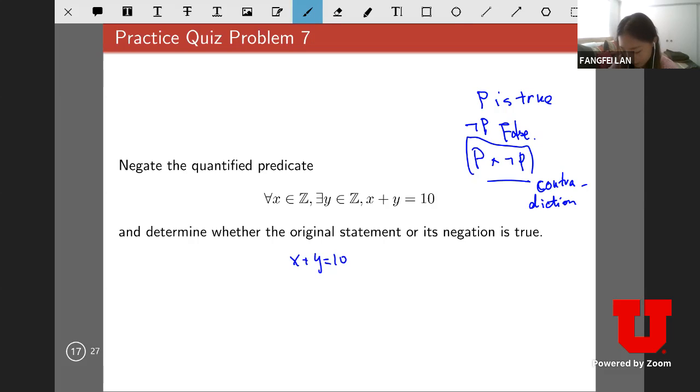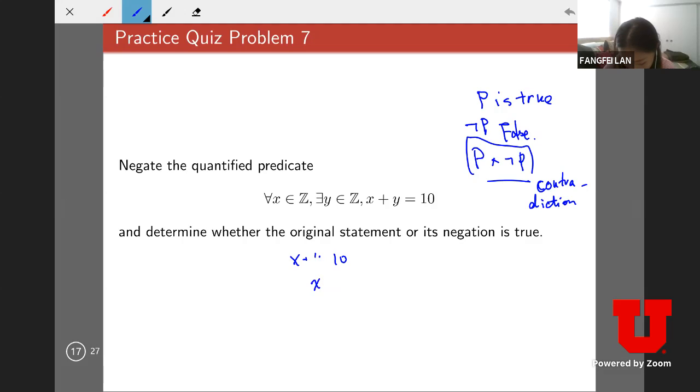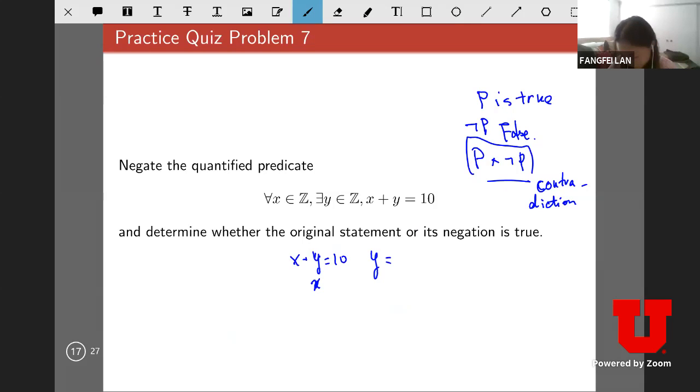So let's write y is equal to 10 minus x. We just subtracted x on both sides.